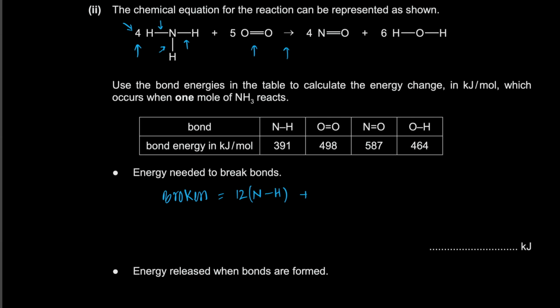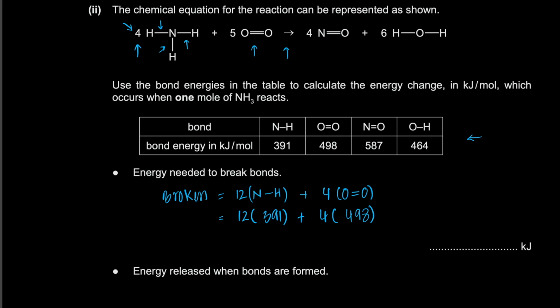Now a double bond is different from a single bond. You notice over here there's no single bond oxygen given. Anyway, 4 oxygen double bonds. Okay, time to put in the values. It's 12 times N-H, which is 391, plus 4 times oxygen, 498.